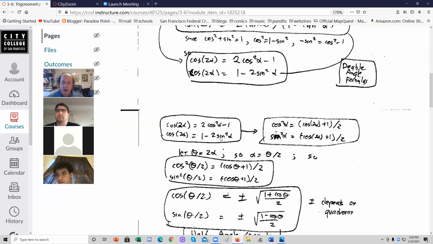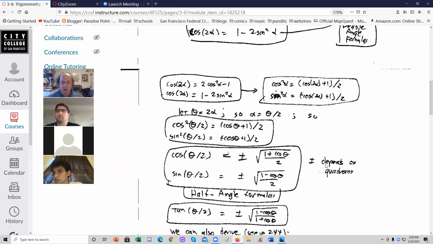And sine squared alpha, after a bit of work, is minus cosine 2 alpha plus 1 divided by 2. Now I'm going to call this 2 alpha theta, so alpha is half of theta. So cos squared theta over 2 is cos theta plus 1 over 2. Sine squared theta over 2 is minus cos theta plus 1 over 2.